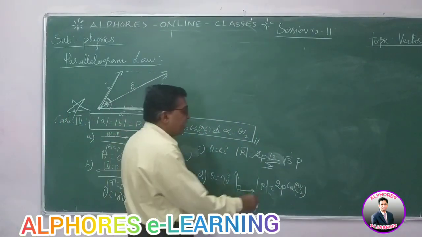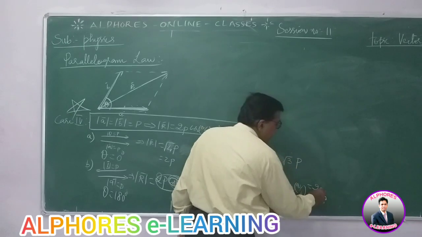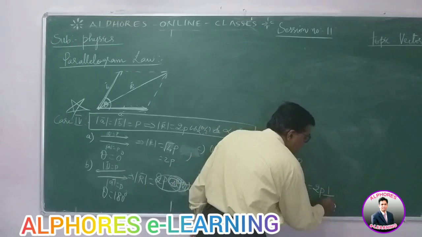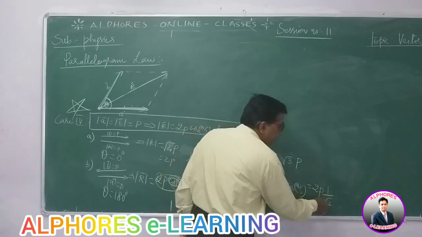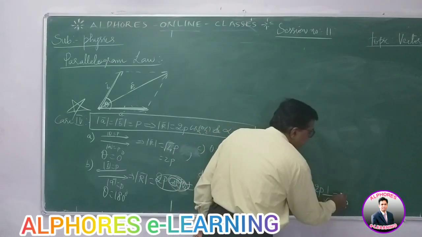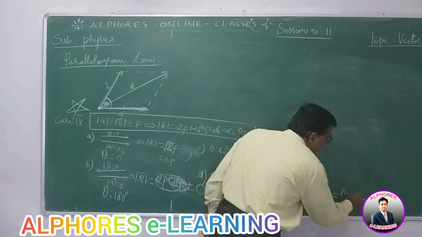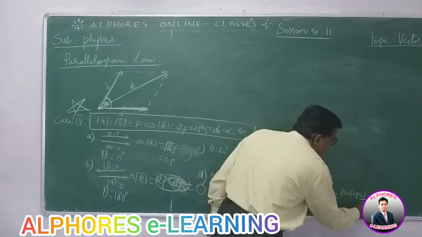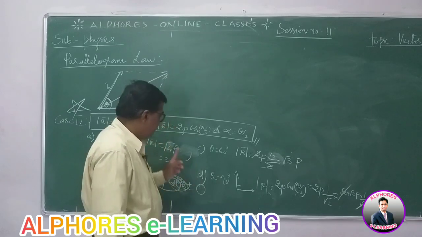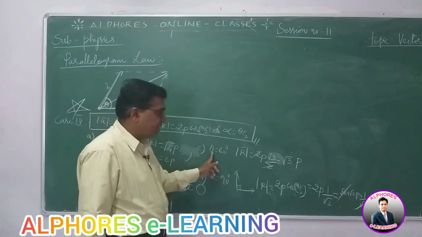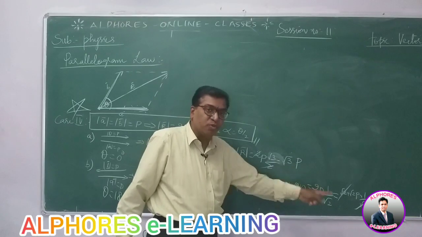Substituting, I get 2P cos 45, which is 1 by root 2. Let me write 2P as root 2 into root 2P, into 1 by root 2. So the answer is root 2P. For 0, root 4P. For 60, root 3P. For 90, root 2P.